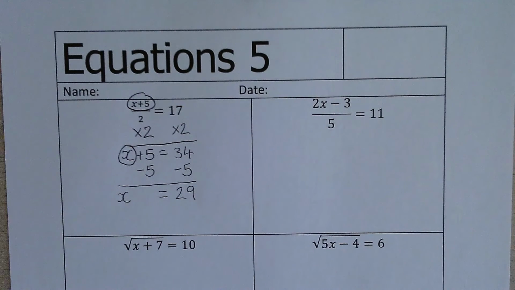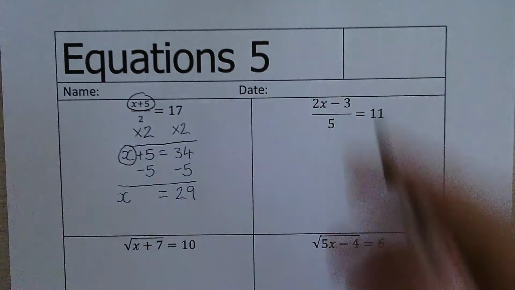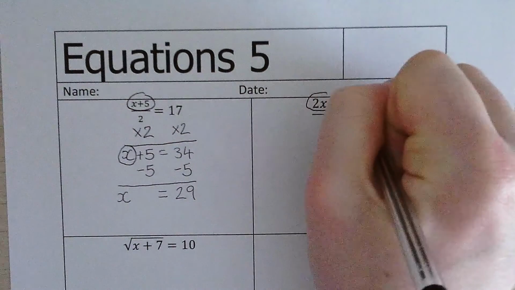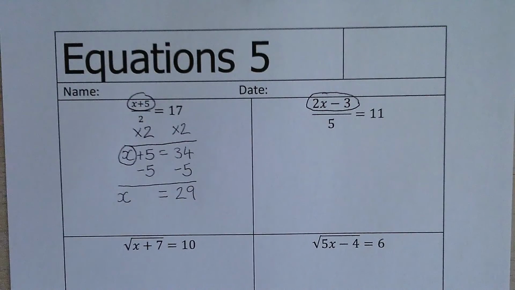Again, because x is in the numerator of the fraction, I need to isolate that. So to get rid of the divide by 5, I need to do the opposite operation.